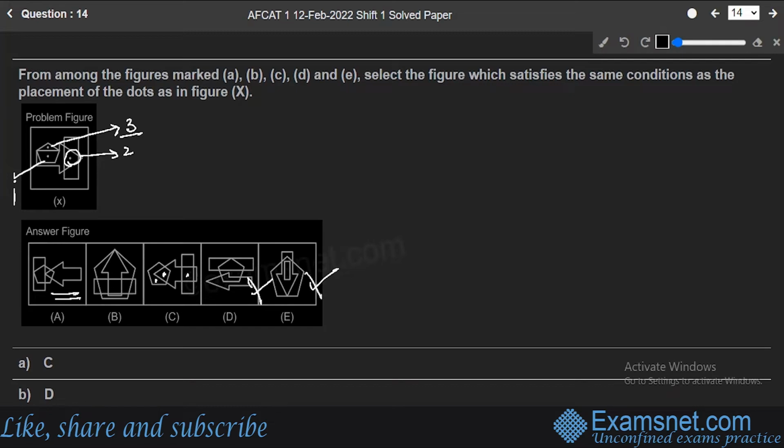Not this one, not this one, not this one, and not this one. Only this one has dots that can be put in the same regions as the question figure X. So this is the correct answer, option A. Hope this is clear. Let's move to the next question.